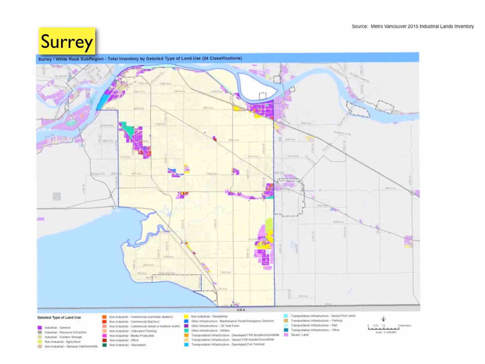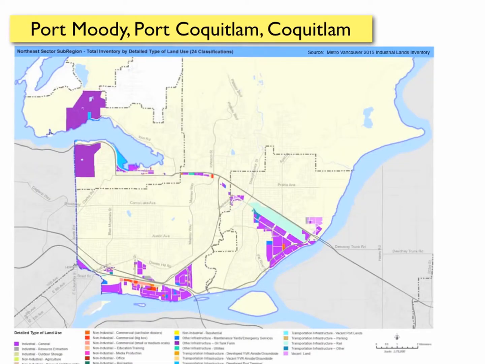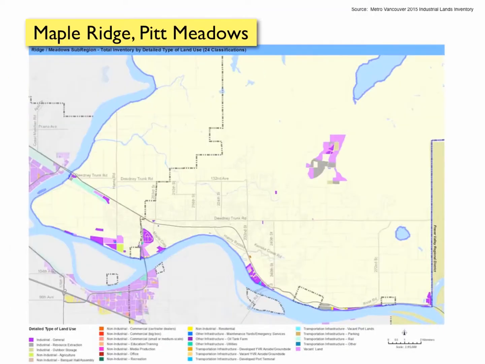Surrey shares with Langley that huge industrial park up near the bridge. Port Moody, Port Coquitlam, and Coquitlam have very large, substantial areas of industrial development. And there's also some in Maple Ridge and Pitt Meadows.